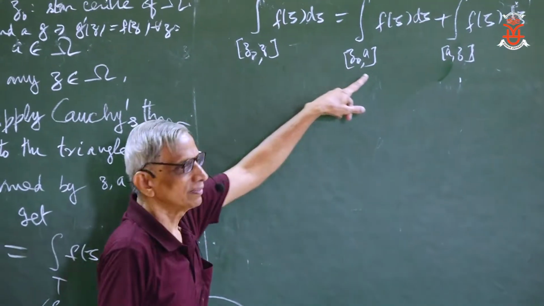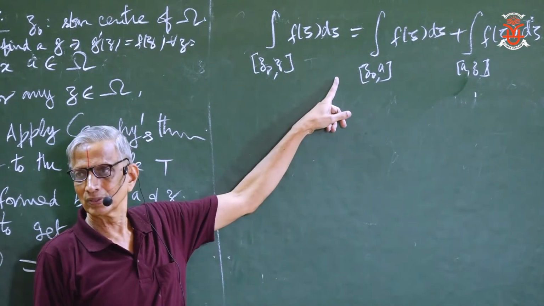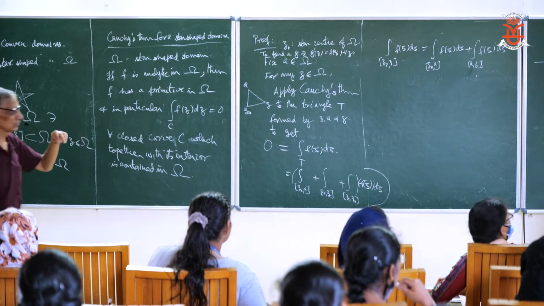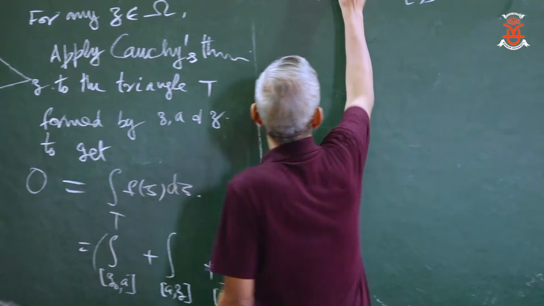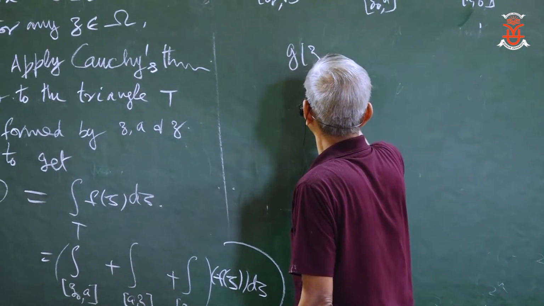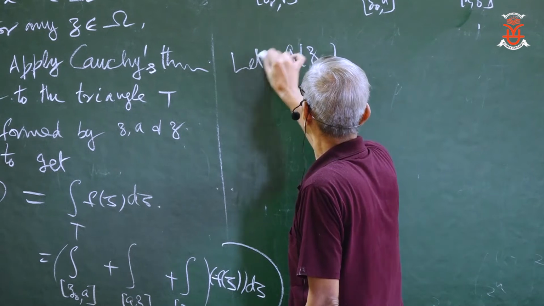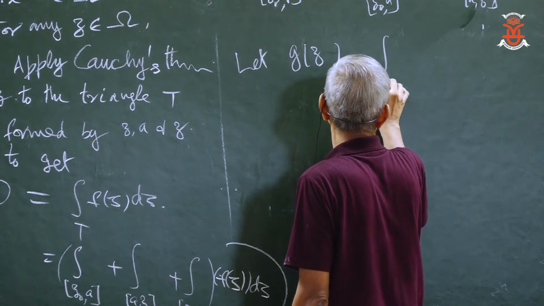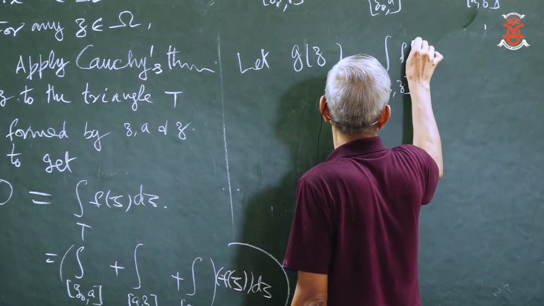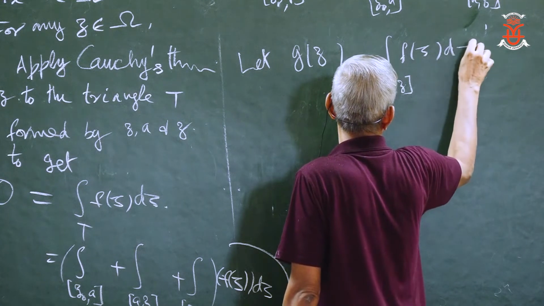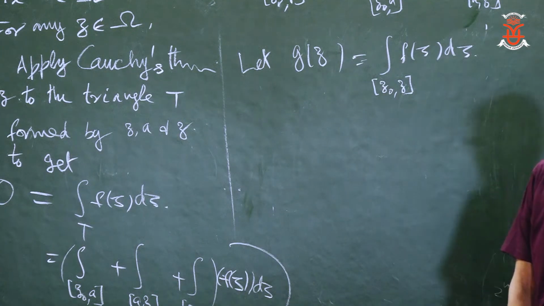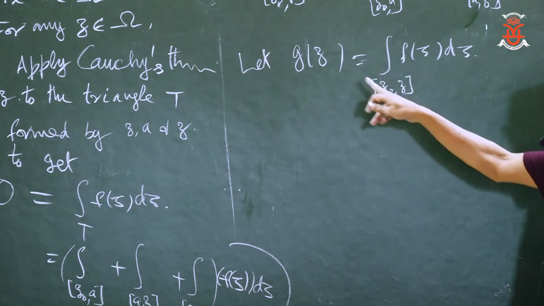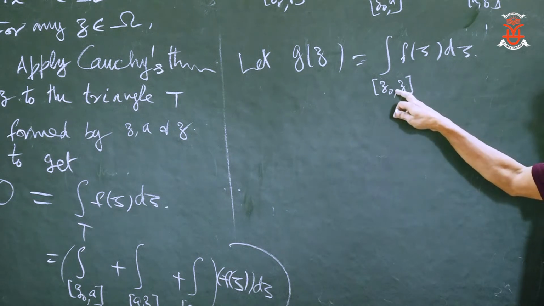That's all. So what do you have now? Z is any variable point in omega. If you call this function g of z, Z0 is the star center, so it's fixed. For any other point, look at the integral over the line segment joining Z0.